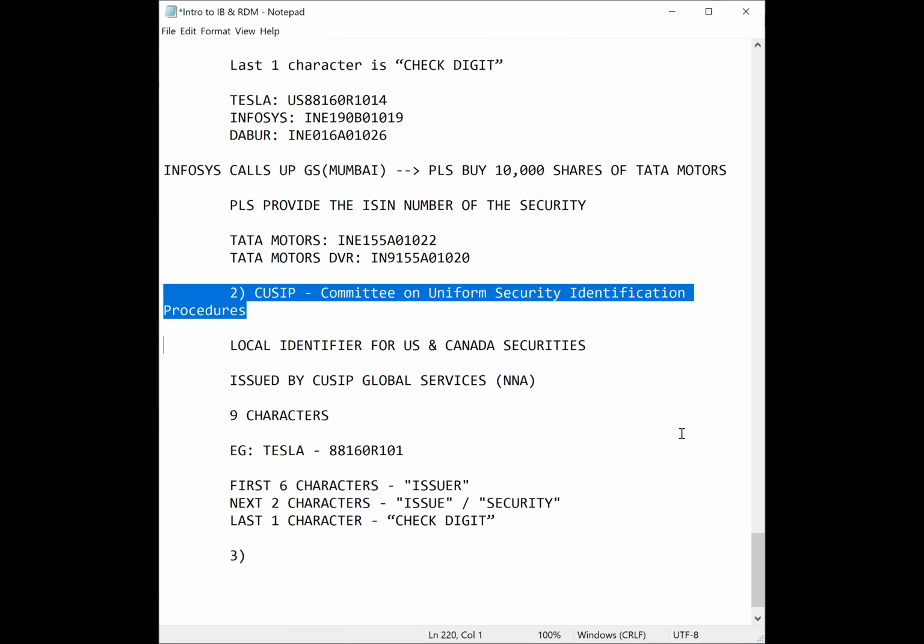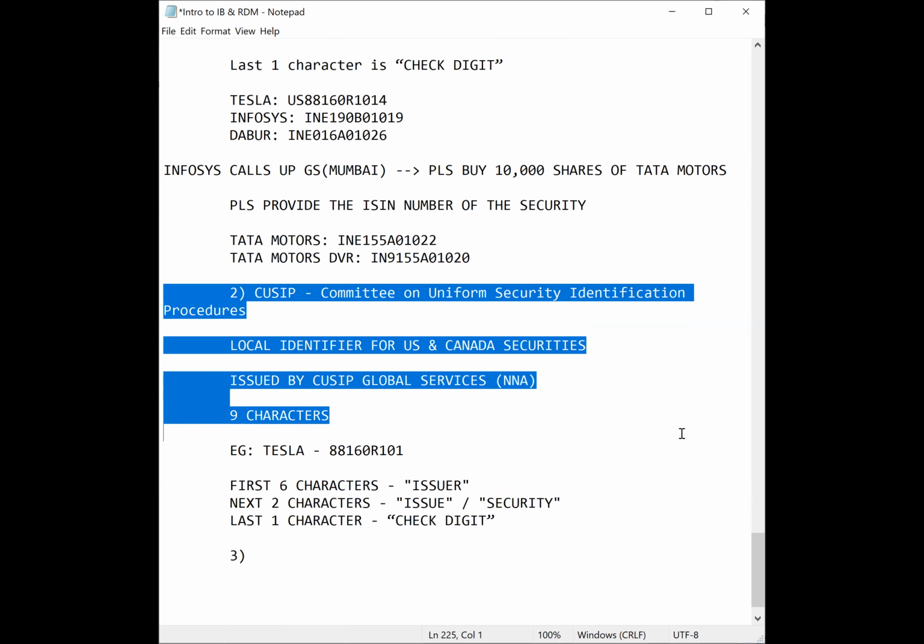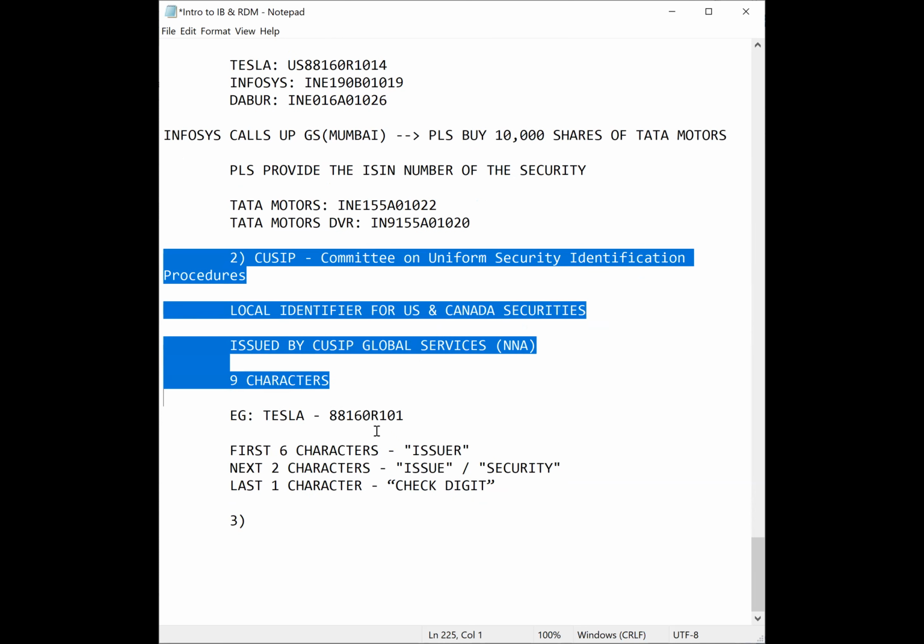So I'm saying from here to here. If you know this much about CUSIP, that's fine. You need not know that first 6 characters are what, next 2 are what. If you know, that's great, but even if you have this much knowledge, I'll be more than happy. This is what the company is looking for.